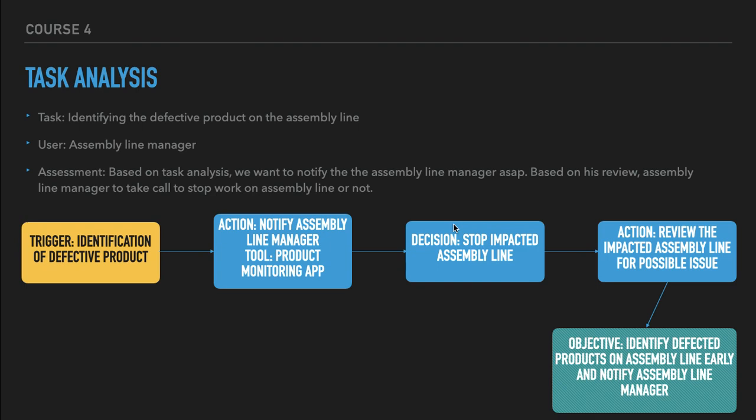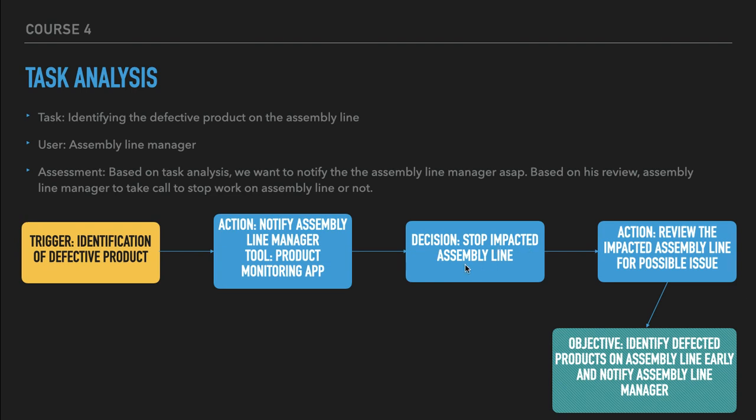Based on the task analysis, we want to notify the assembly line manager about the defects as soon as possible, and based on his review, the assembly line manager can take a call to stop work on that assembly line. First, the trigger is when a defect in the product is identified, and the action is to notify the assembly line manager using the product monitoring app.